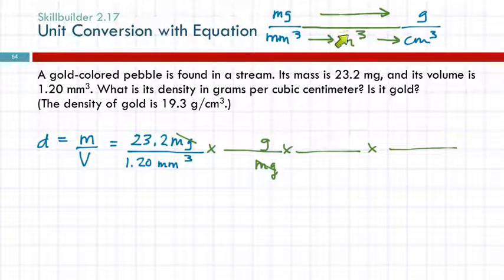These are both happening under the line, downstairs, cubic millimeters to cubic meters to cubic centimeters. Here's cubic millimeters, that unit. It's also downstairs in the denominator under the line. So I'm going to write these on the bottom because that's where they started and that's where they're going to end up, because I'm converting the denominator.